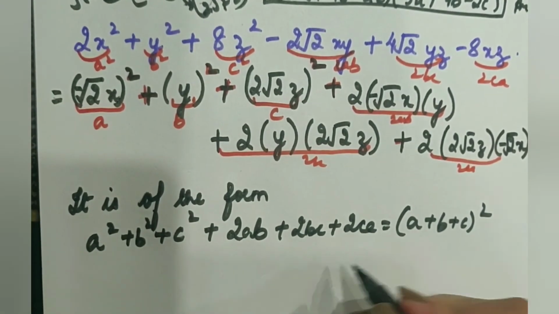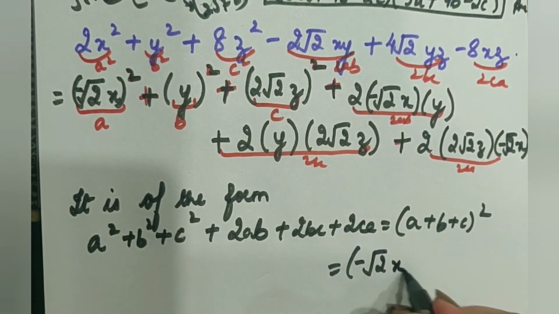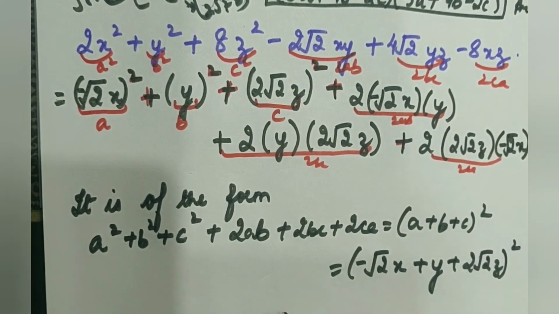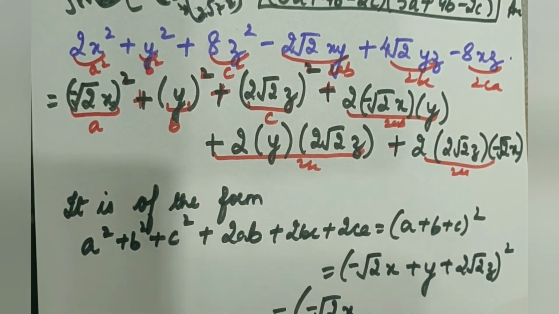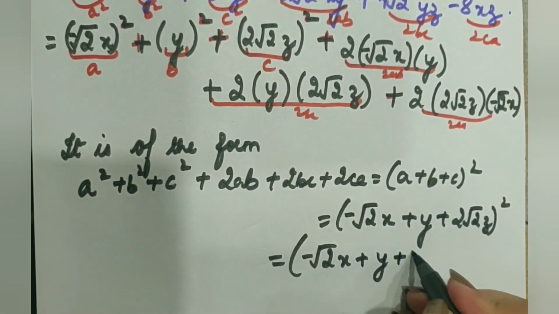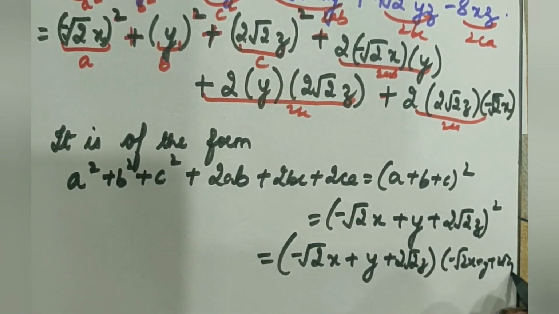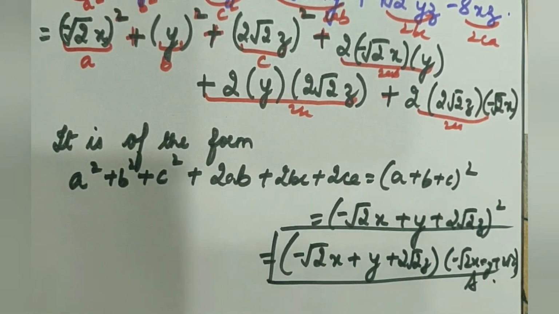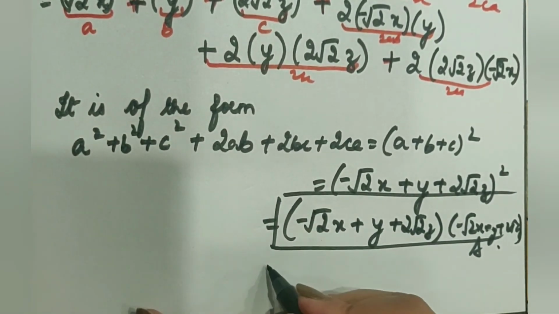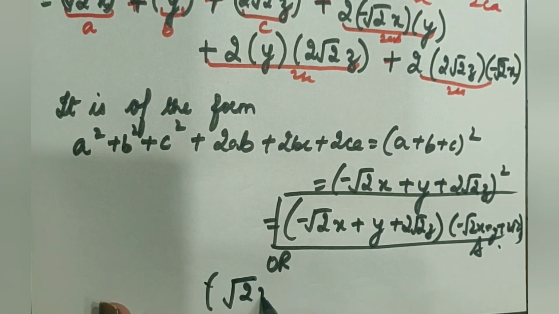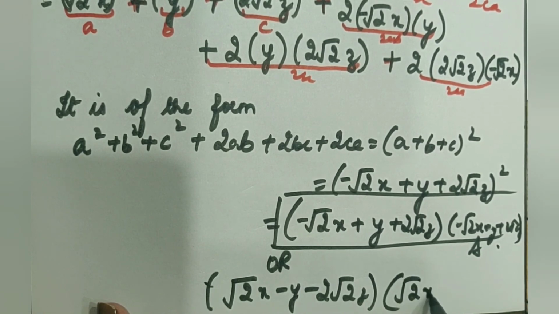That means this will be equal to (minus root 2 x plus y plus 2 root 2 z) whole square, which is equal to (minus root 2 x plus y plus 2 root 2 z) into (minus root 2 x plus y plus 2 root 2 z). This can be written twice. This is the answer. You can also get the answer as (root 2 x minus y minus 2 root 2 z) into (root 2 x minus y minus 2 root 2 z).